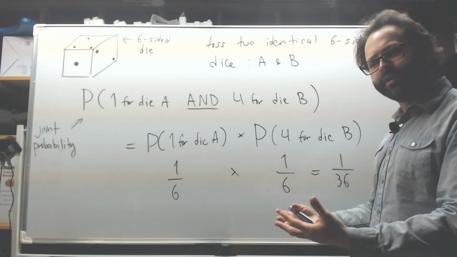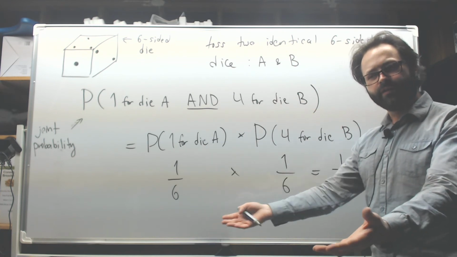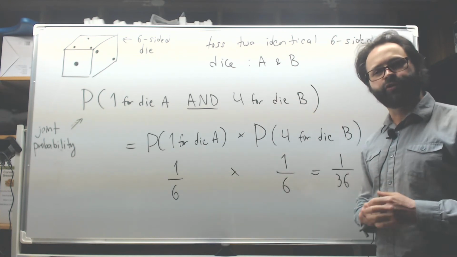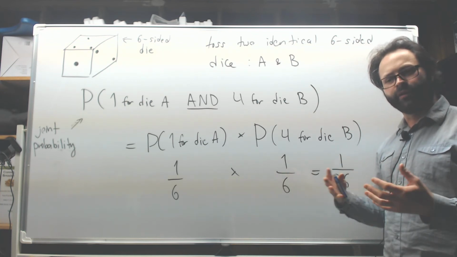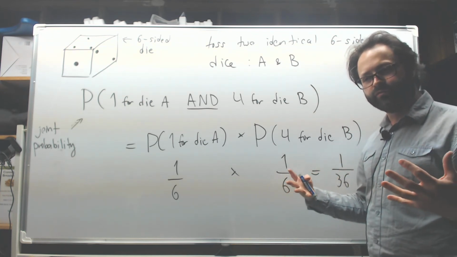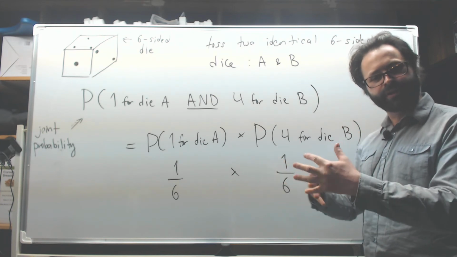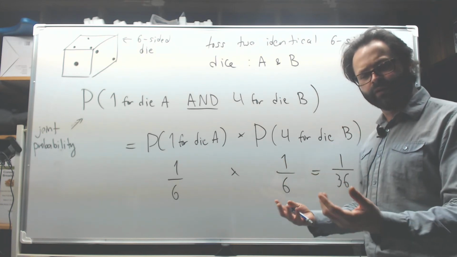The net probability of this or that was larger than the individual probability, because now we could be satisfied by two outcomes.